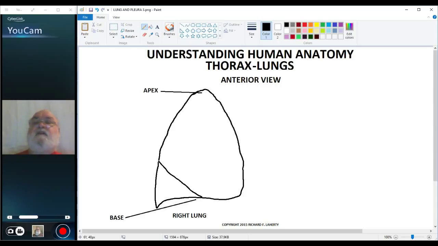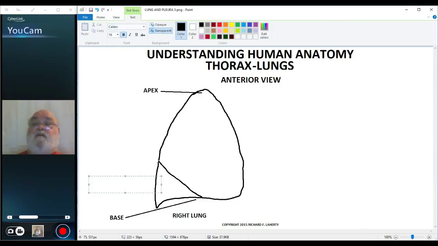And this is the oblique fissure. And it's named oblique because it's neither running directly superior or posteriorly, nor directly medial laterally. It's running at an angle to those two standard directions.